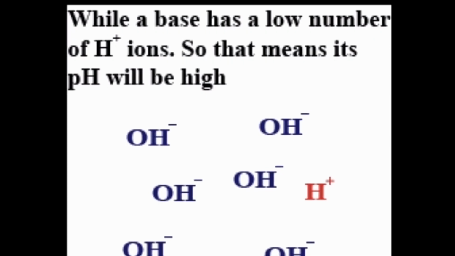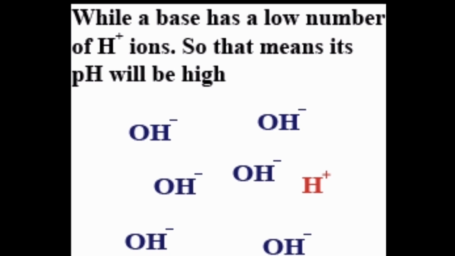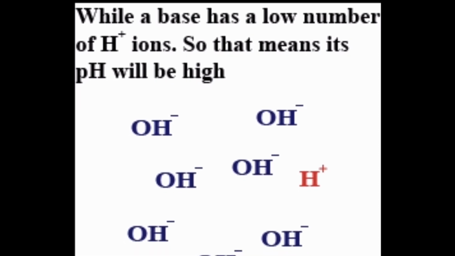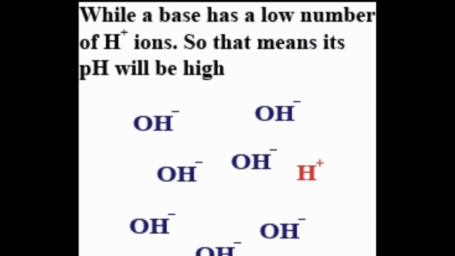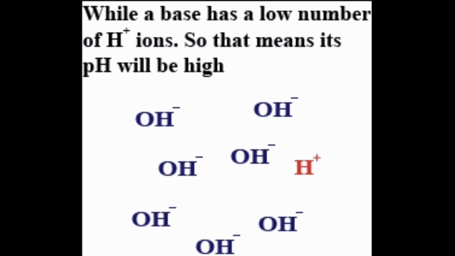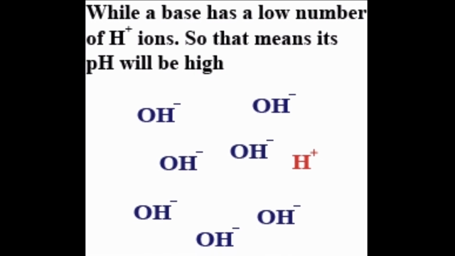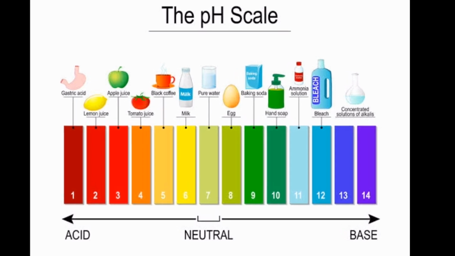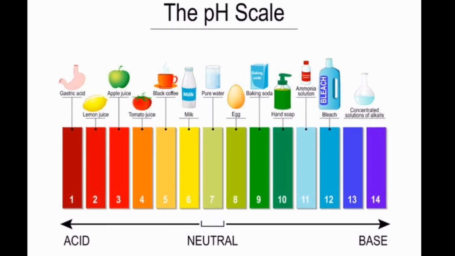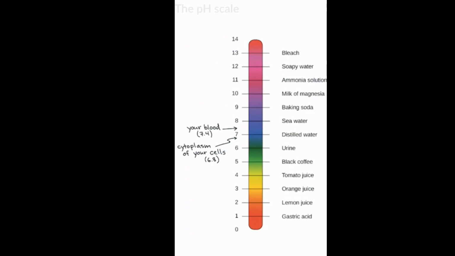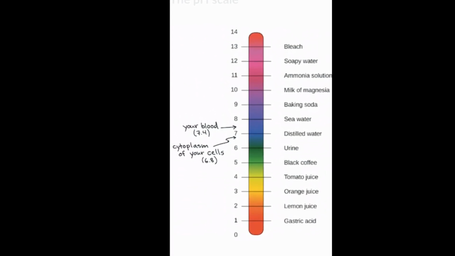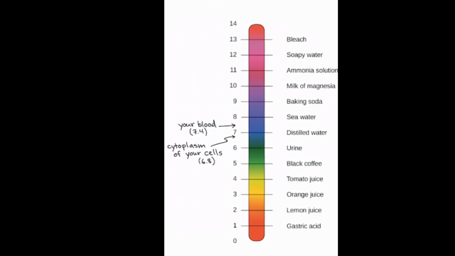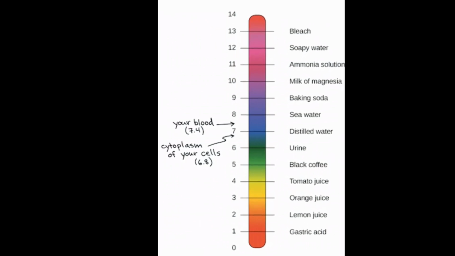Whereas in a basic solution, the hydrogen ion concentration is much lower than that of pure water. Here, we have to understand that the scale above 7 determines the alkaline or basic condition. Universal indicator can be used to understand whether any solution is acidic or basic.